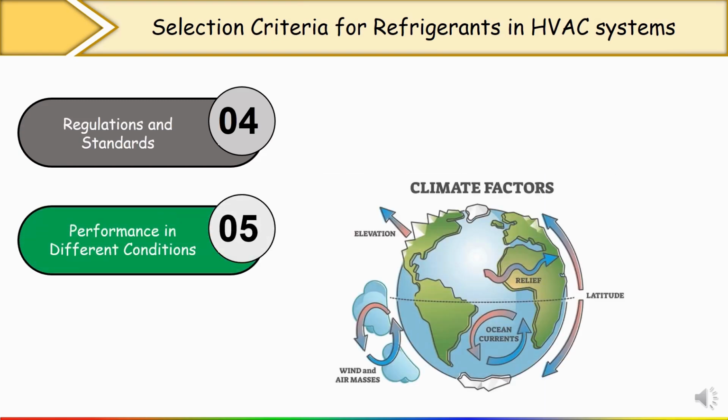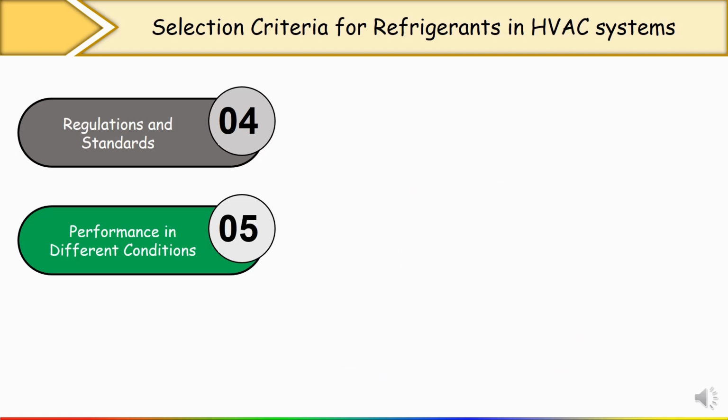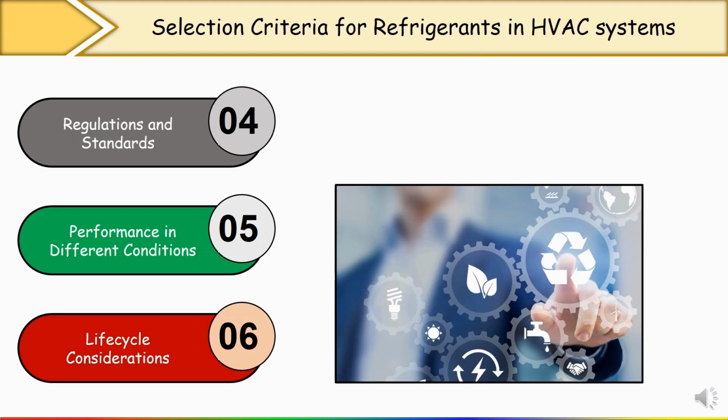Then the next point is performance in different conditions. You have to consider how the refrigerant performs in different climate conditions, including temperature extremes and humidity levels. The next point is life cycle consideration.